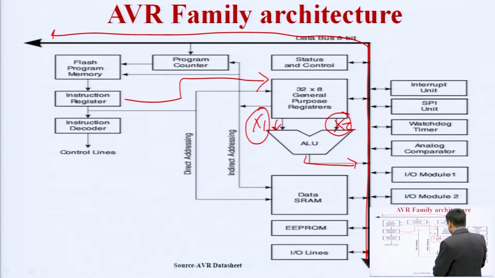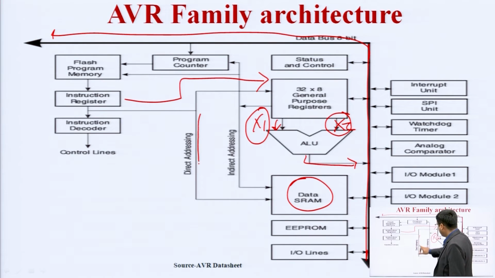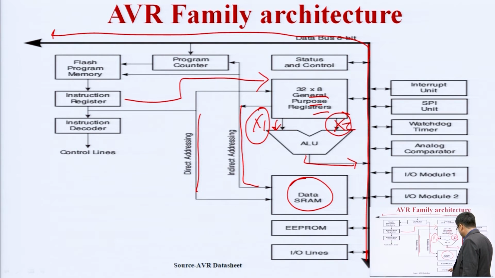So there are other units available, like data SRAM, EEPROM, input output lines. Data SRAM means static random access memory. These are controlled through two lines, direct addressing and indirect addressing. So they are connected to the 32x8 general purpose registers. And whenever we are executing these things, there are other blocks available: EEPROM, electrically erasable ROM, in addition to the flash memory, and input output lines.